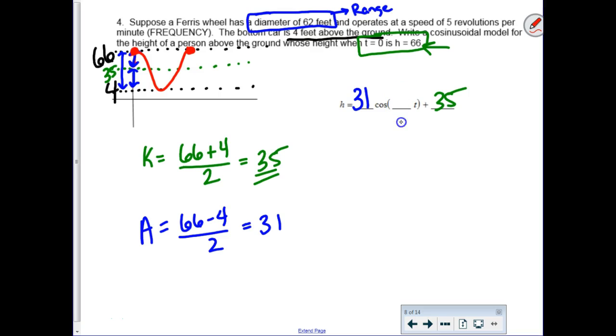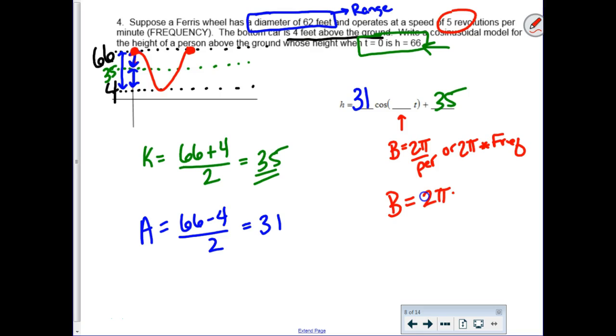Okay, the last thing we need to find is this b value. Remember, b has a couple of formulas. It's either 2 pi divided by the period, or you could use the formula 2 pi times the frequency. And I think they told us frequency right here, 5 revolutions per minute, which is frequency. So the b value is going to be 2 pi times 5, which is, of course, 10 pi.